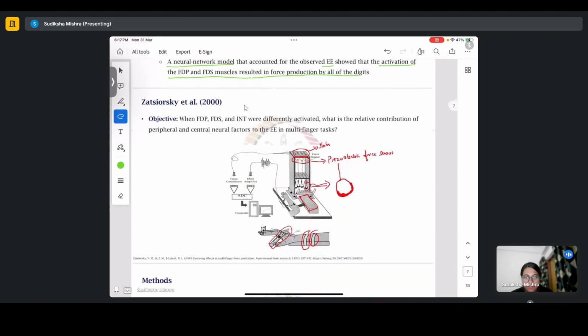Coming to the second paper, the main paper, they looked at when FDP, FDS, and INT were differently activated.